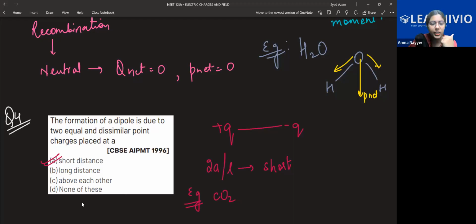Or you have a simple HCl molecule, you have NH4 present, you have water present. So they all have the short distance.